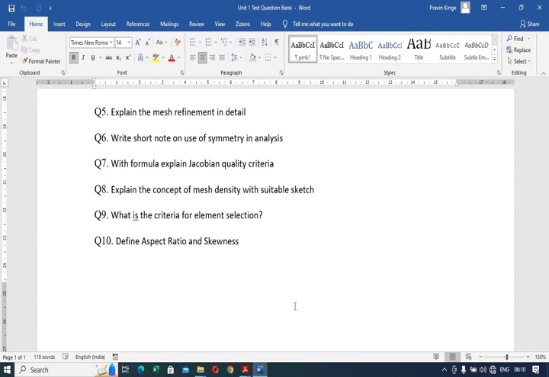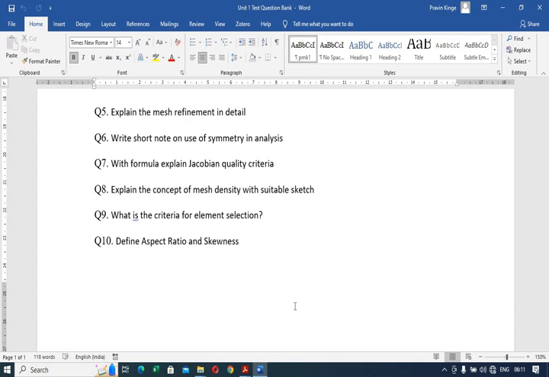It will reduce the time for carrying out the analysis, and the mathematical calculations required will also be less, and the result of the analysis you can apply over the entire geometry.